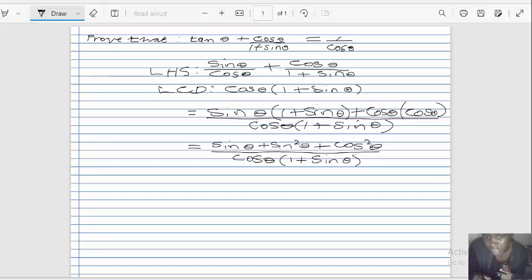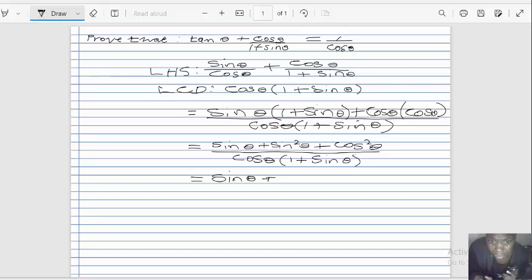So at this point we can see that we have a situation where we can use square identities to reduce, right? Remember that sin squared theta plus cos squared theta is equal to 1. This is according to our reduction formula. So we can change this to 1, so we can have here above sin theta plus 1 instead of having sin squared theta plus cos squared theta.